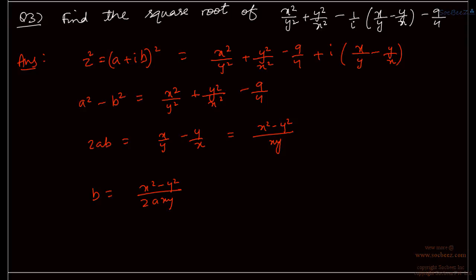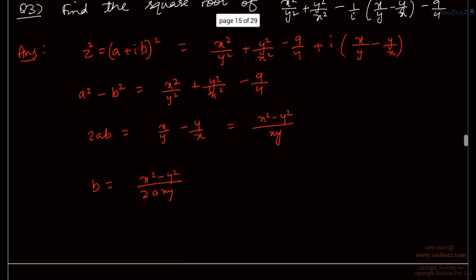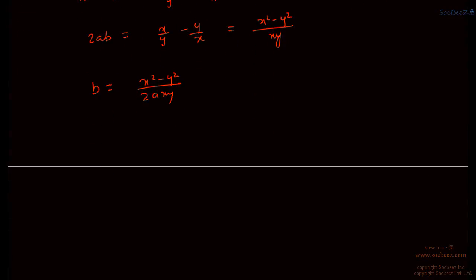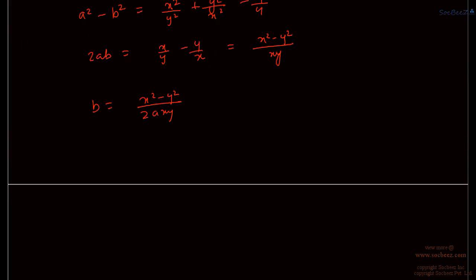Let us substitute this in the above equation. So a squared minus x squared minus y squared whole squared by 4a squared x squared is equal to x squared by y squared plus y squared by x squared minus 9 by 4.